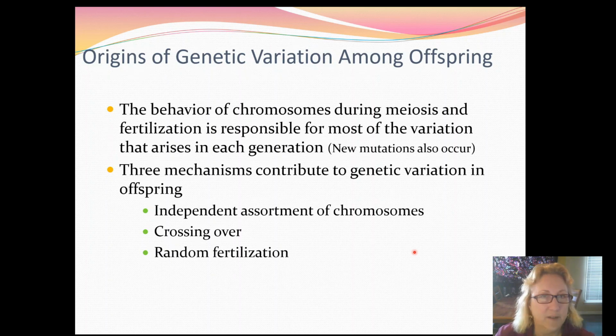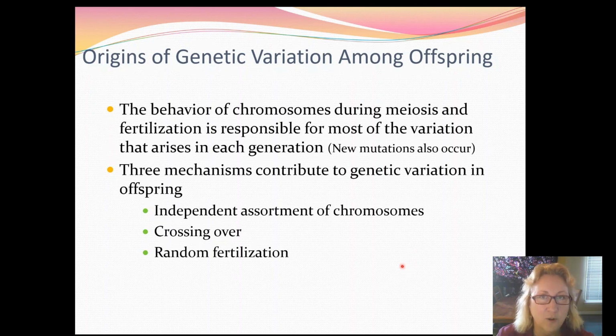In species that have sexual reproduction, like animals, most plants, fungi, most protists, we have additional factors that are going to increase the genetic variation among the offspring so that all the offspring are going to be genetically unique individuals.